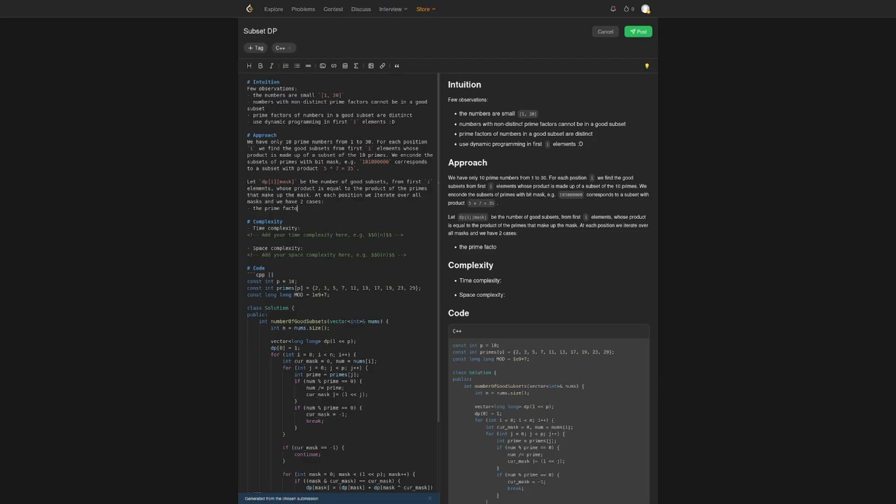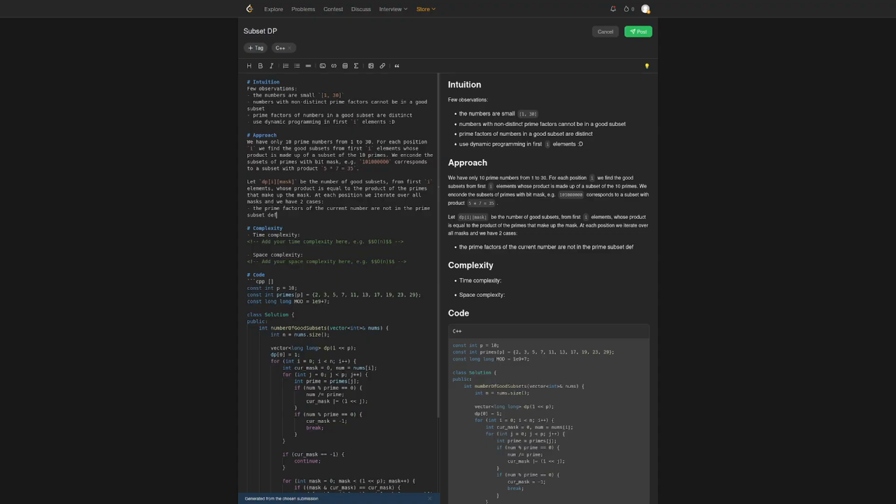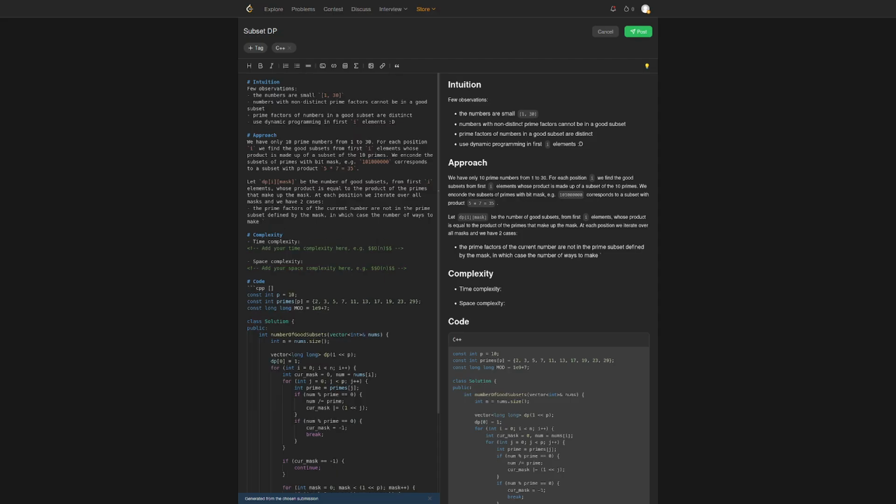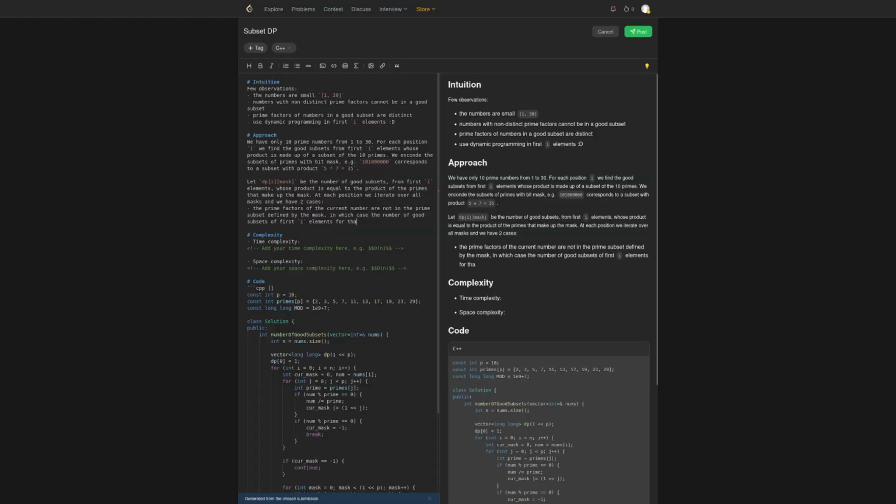In the first case, the prime factors of the current number are not in the prime subset defined by the mask, in which case the number of good subsets of the first i elements for that mask is just dp[i-1][mask].